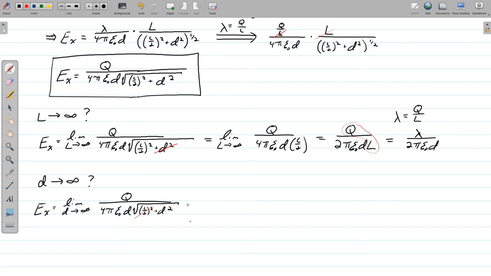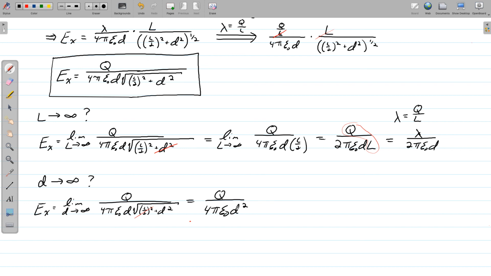So now what I have is the charge over 4 pi epsilon naught times d squared.